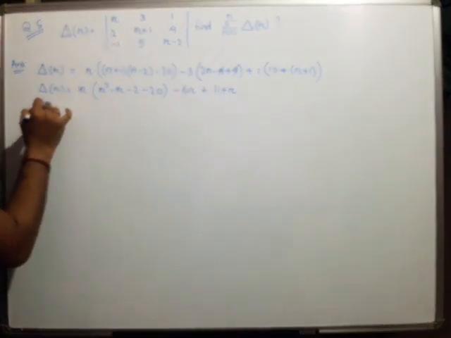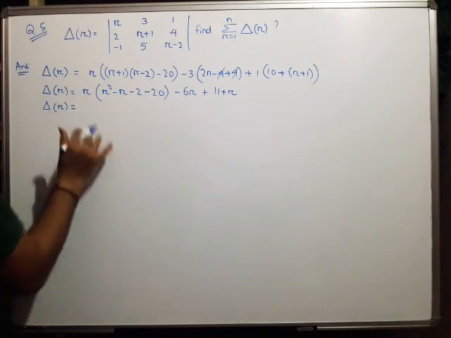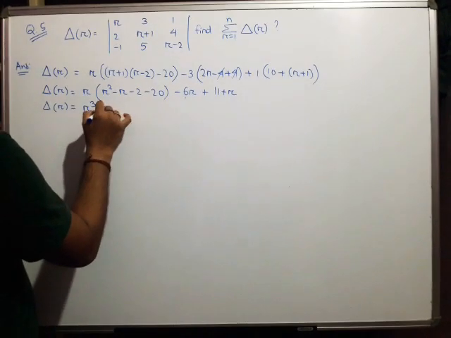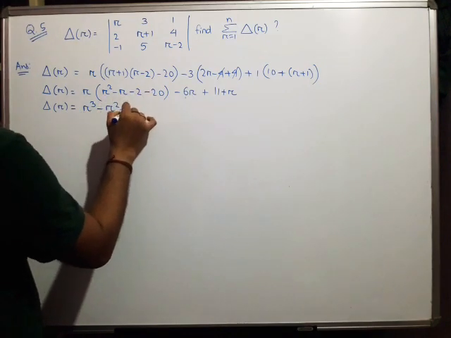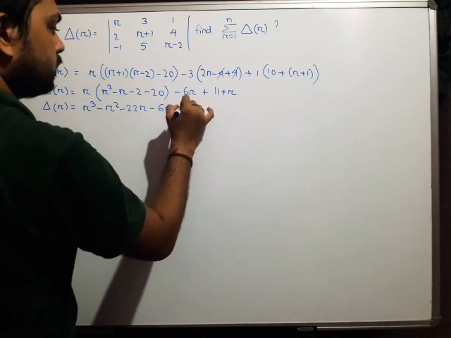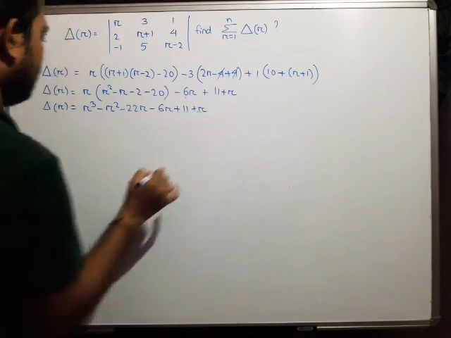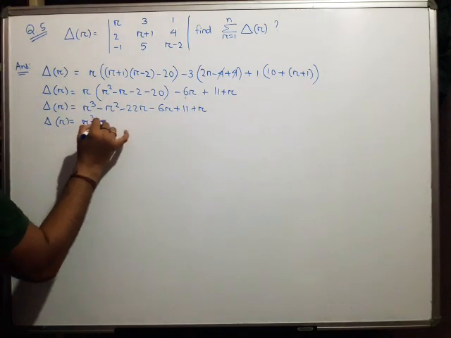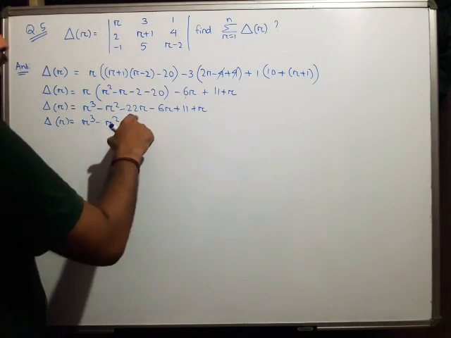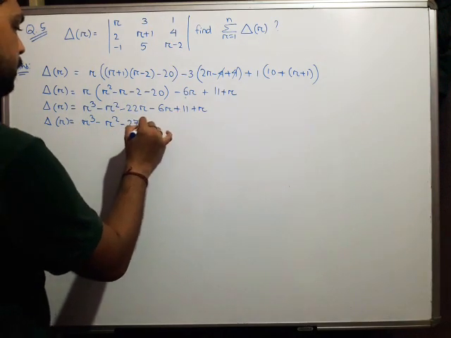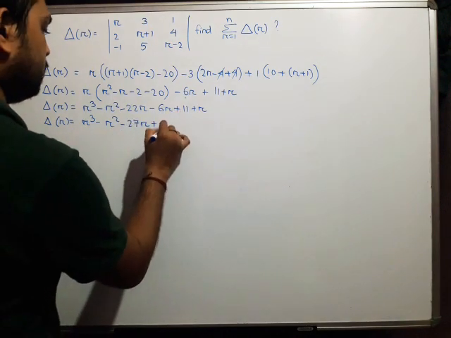Now delta r will be equal to r cube minus r square minus 22r minus 6r plus 11 plus r. So delta r will be equal to r cube minus r square, 22 plus 6 is 28, minus 27r plus 11.